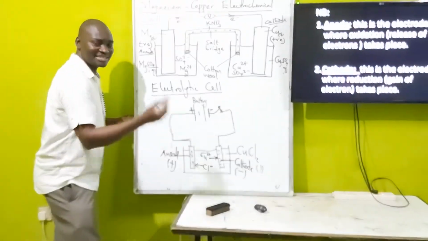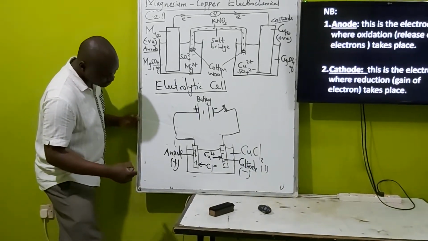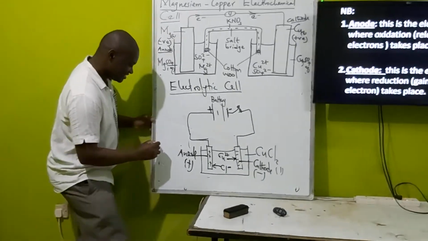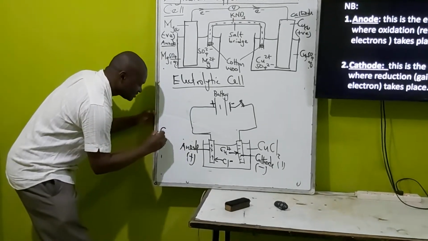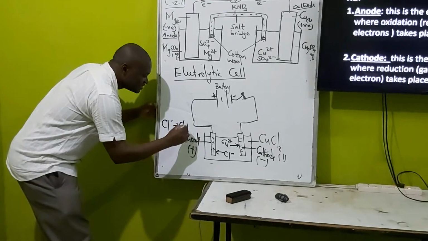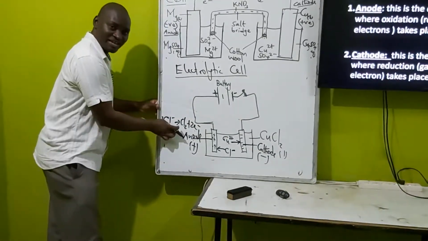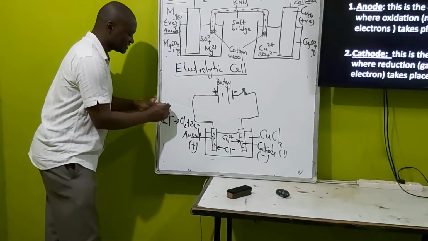A positive attracts a negative, and a negative attracts a positive. Now, at the anode, the chloride ions will lose electrons to form chlorine gas. Loss of electrons is oxidation.